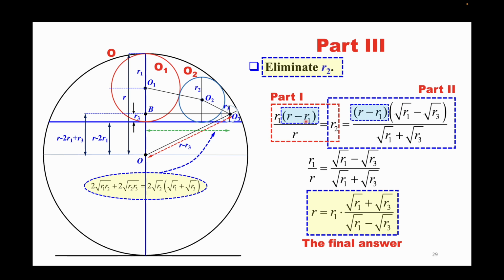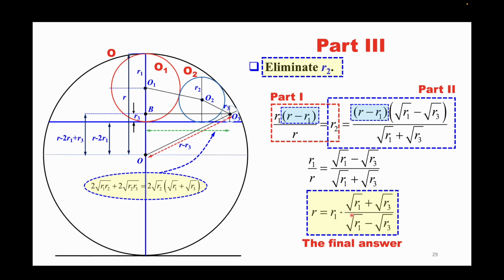And we also have a common factor, R minus R1. So eventually, after some simple simplification, we have R in terms of R1 and R3. This is our final answer.